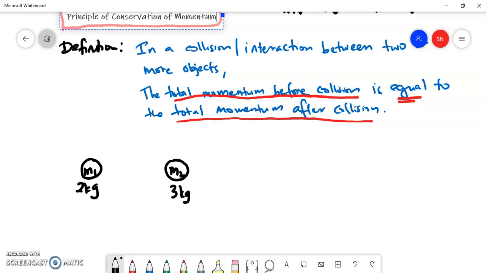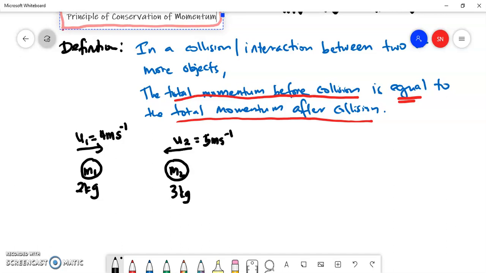Now let's say M1 is moving forward with a velocity U1 equal to 4 meter per second, and M2 is moving in the opposite direction, U2 equal to 5 meter per second.